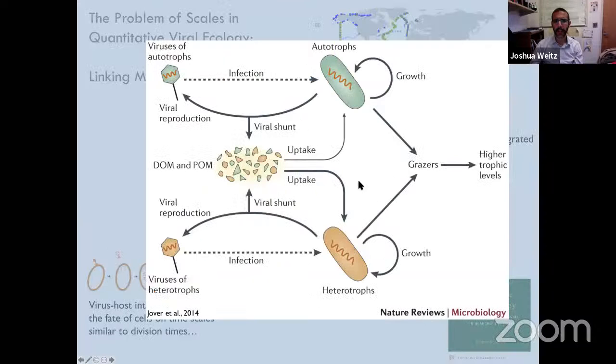And just to remind folks that virus microbe dynamics are embedded as part of complex ecosystems. So the death of, for example, an autotroph or a heterotroph means that those microbes aren't necessarily consumed by grazers, which would allow that organic material to go up to higher trophic levels, but instead are redirected in what is called a viral shunt back into the dissolved and particulate organic pools, where they can then be retaken up.